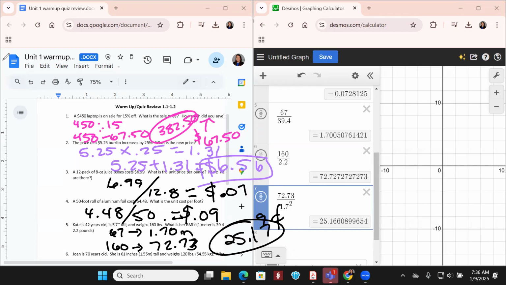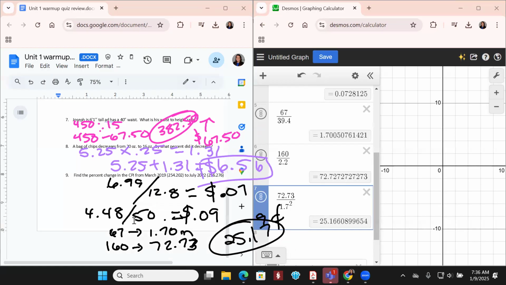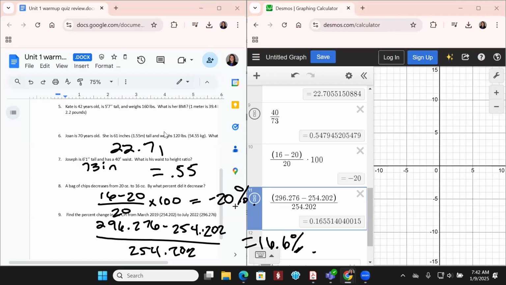All right. Did you finish 6, 7, 8, 9? Okay, take a minute, try 7, 8, 9. The BMI on number 6, I got 22.71. 7, the waist ratio was 0.55. And then number 8, the percent was negative 20%.